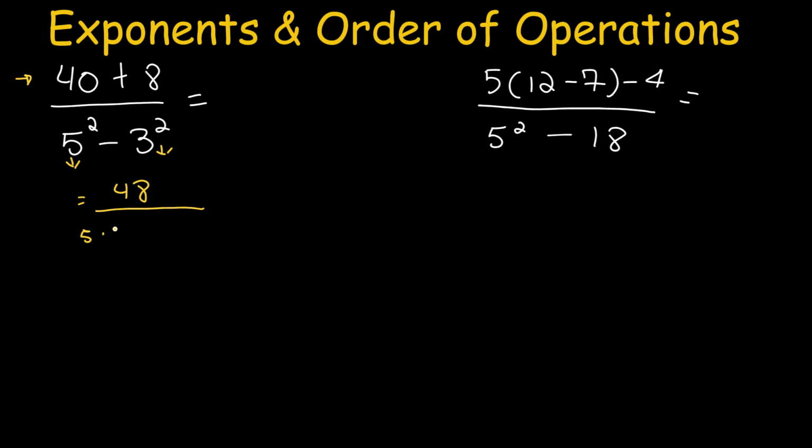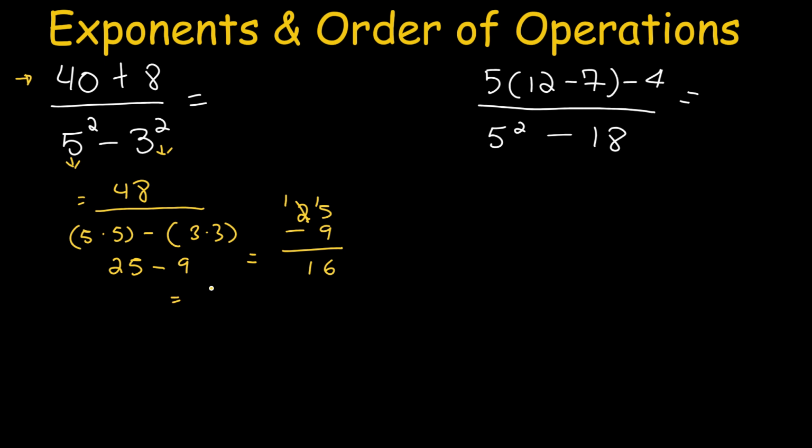We need to write 5 times 5 and minus, then let's take this one, 3 times 3. Now 5 times 5 is 25 and 3 times 3 is 9. Now let's subtract 25 minus 9. We need to borrow from the 2, that is 15, and we can count from 9 to 15. 9, 10, 11, 12, 13, 14, 15 using your fingers, that is 6, and bring down the 1.